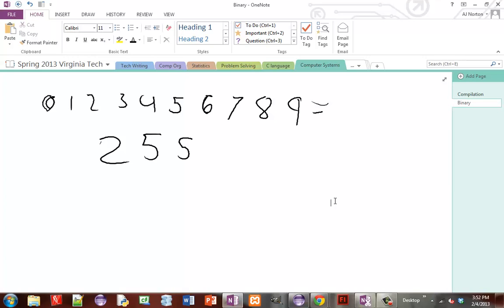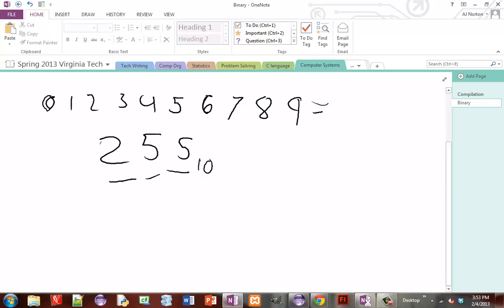And what do I mean by that? Let's say I put a 10 here in the corner, meaning that this is in perspective to 10. Each position indicates what power of 10 I should multiply it by, starting with 0.